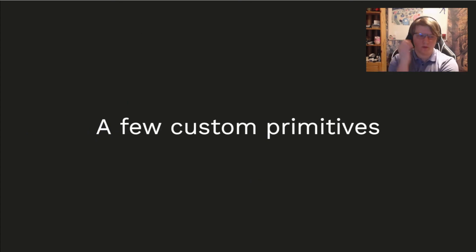So, what's the better way, I guess is the question. You have different libraries that might provide a better implementation of these that avoid these footguns. But you can also write your own custom primitives.